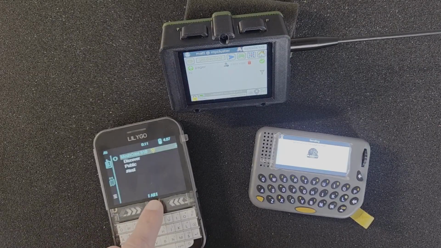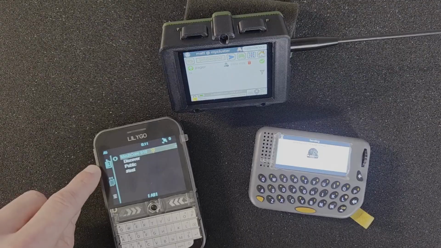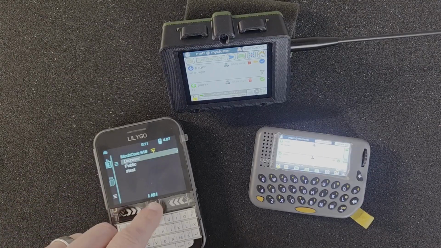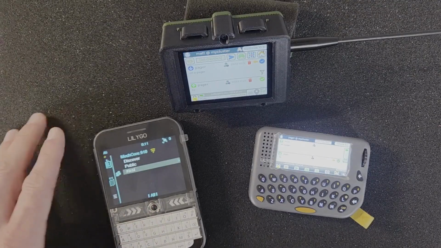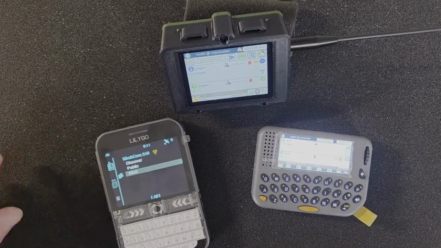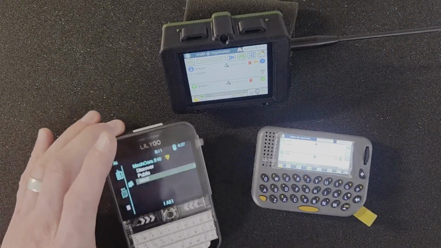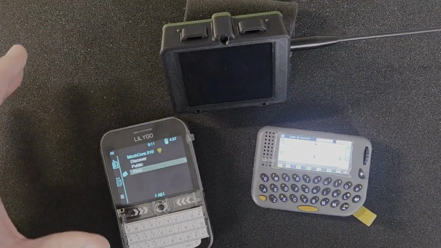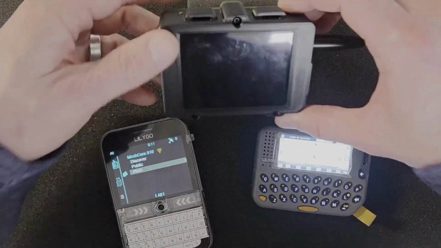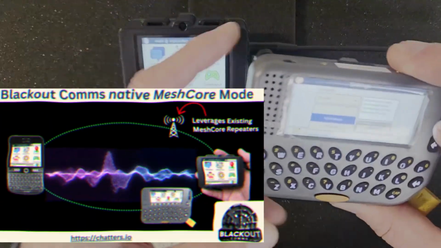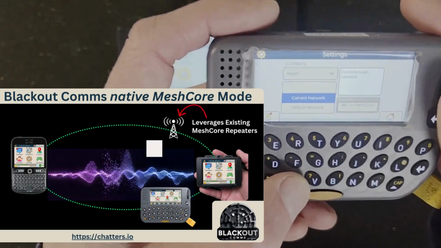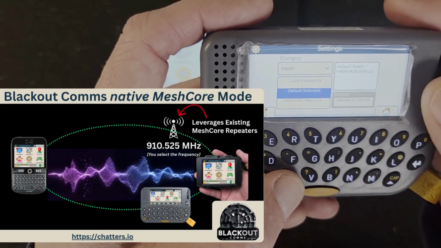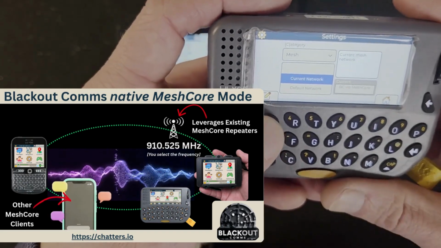And you saw that flash, but this is not going to be able to decrypt it or anything else. Now, if I want to be able to communicate with MeshCore devices, what I can do is put it in MeshCore mode.